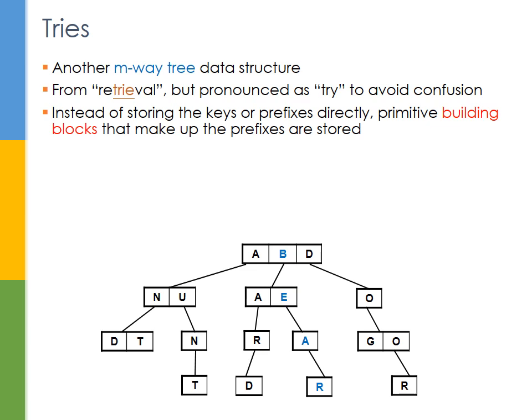So instead of ever directly storing keys or their prefixes, we are going to find out the minimal, smallest primitive building block that makes up the keys and the prefixes. And then we are going to use those minimal building blocks to put the keys together.